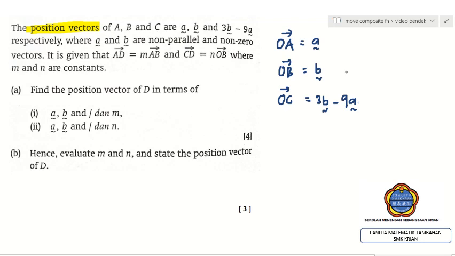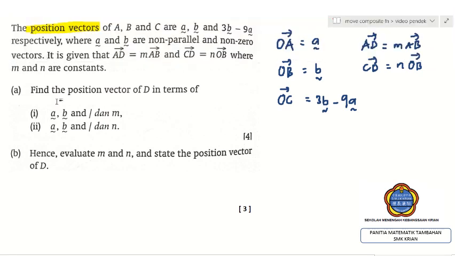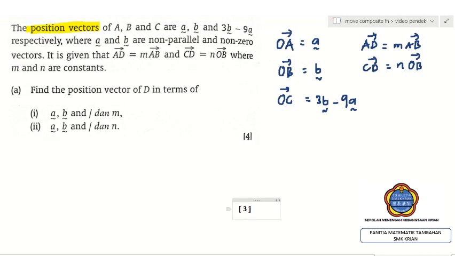And also given that vector AD is equal to mAB and vector CD is equal to nOB. Right? So now I want to start to show you the solution of question A.